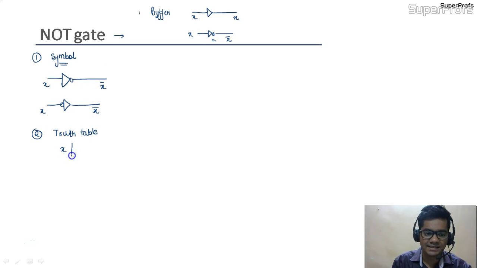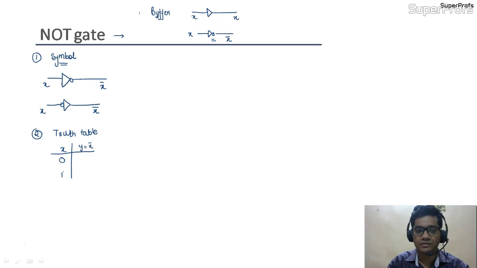So if X is the input and the output is Y, which is X bar, the possible inputs, students, would be 0 and 1. The output would be its complement, that is 1 and 0. Okay, this is the symbol and the truth table.